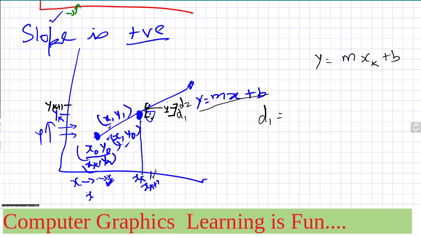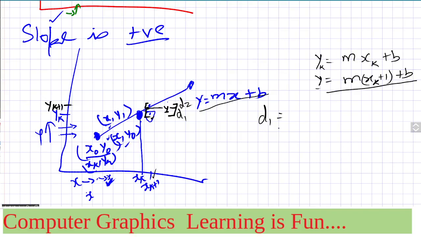At xk plus 1, what will it be? y is equal to m(xk plus 1), just 1 has been increased in x value, plus b. This is now the new y, right?